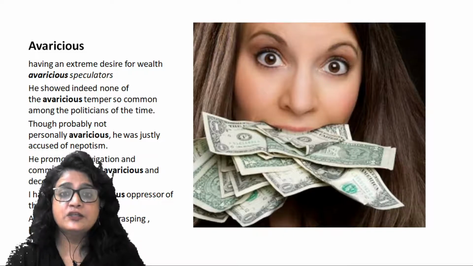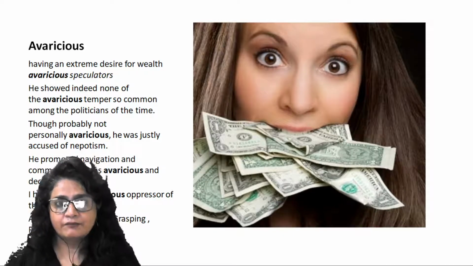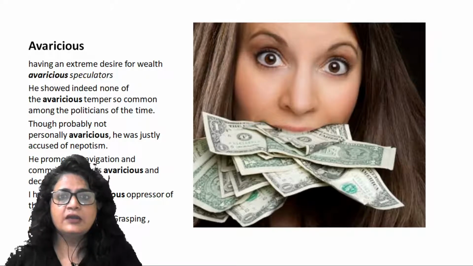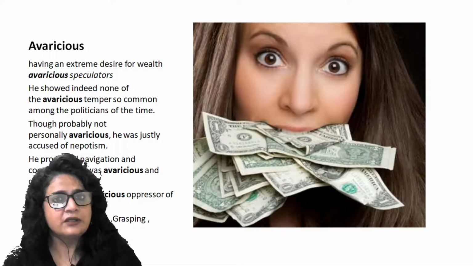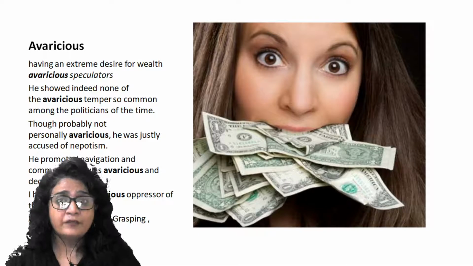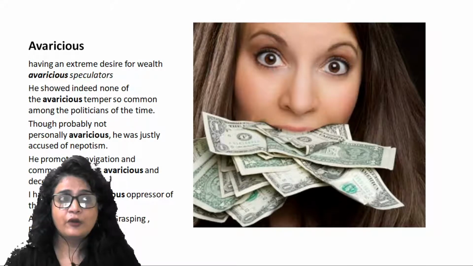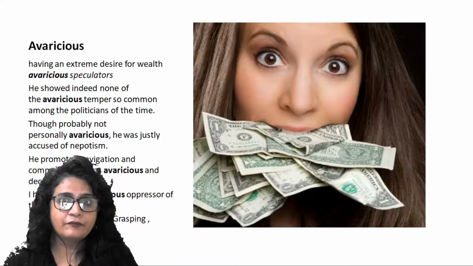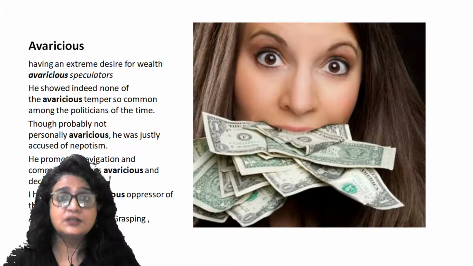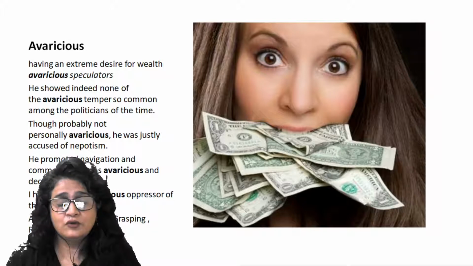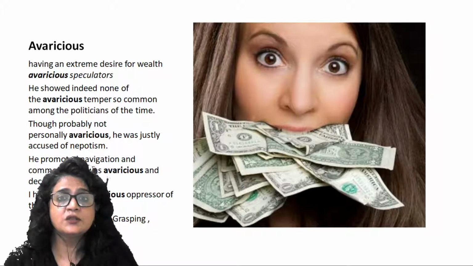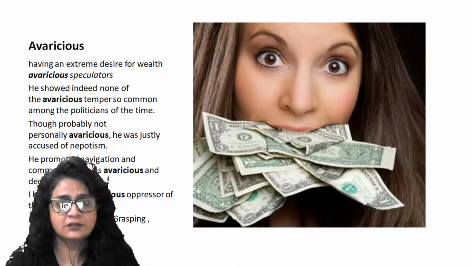So here, avariciousness is marked by having extreme greed for money. It can also be for other things. Avarice for power, or avarice for fame, right? So she is avaricious. When you use this as an adjective, the person wants that thing badly at any cost.